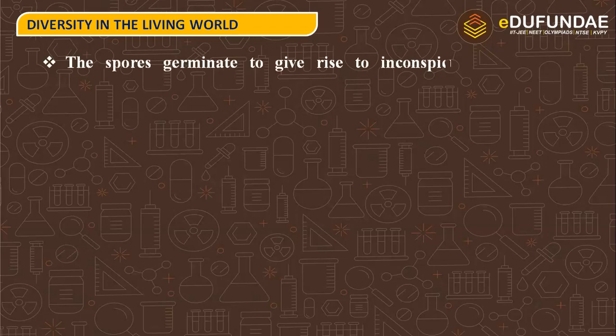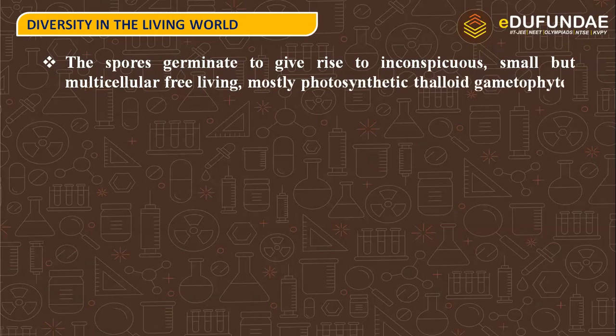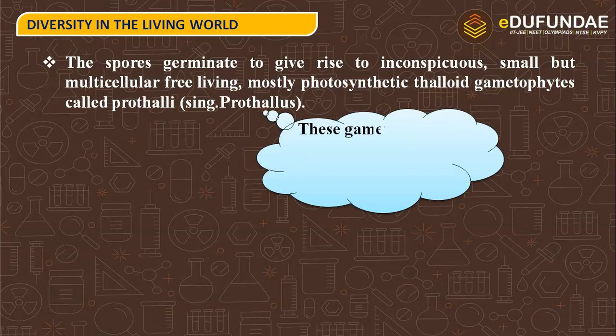The spores germinate to give rise to inconspicuous, small but multicellular, free-living, mostly photosynthetic thalloid gametophytes called prothalli. So again the life cycle is getting completed. The gametophyte stage has come, which we call prothalli.